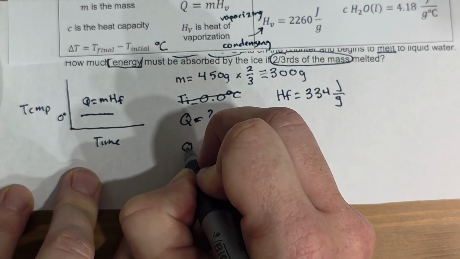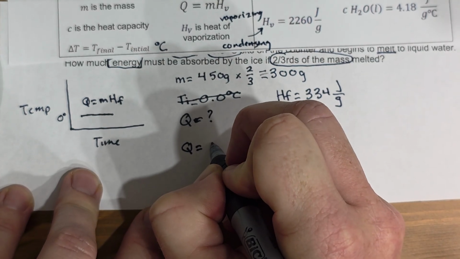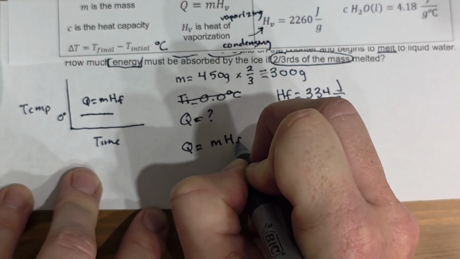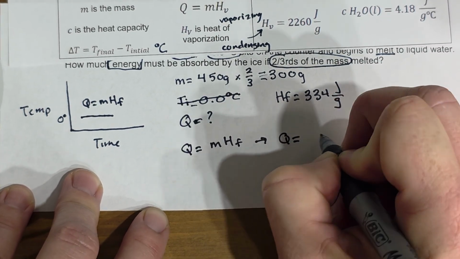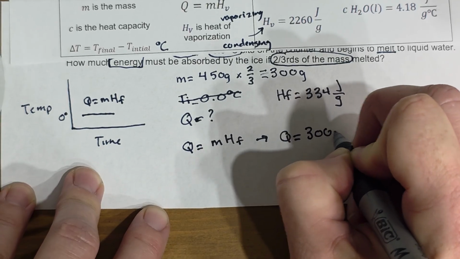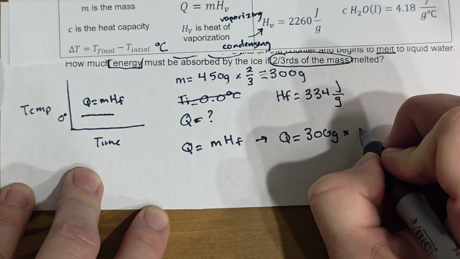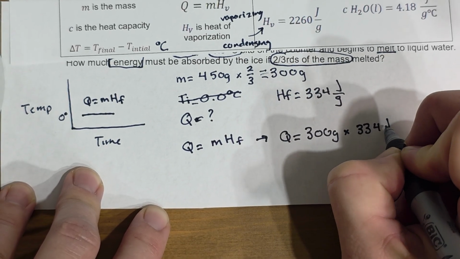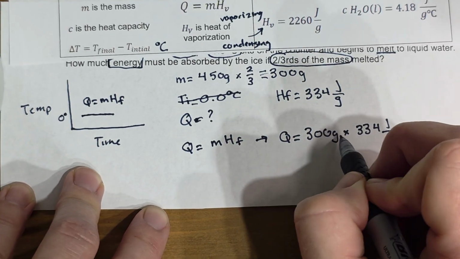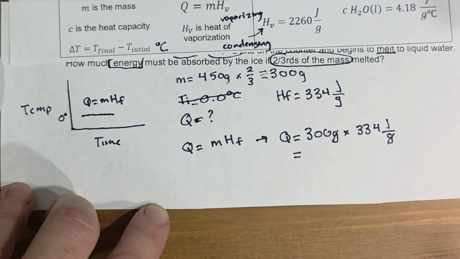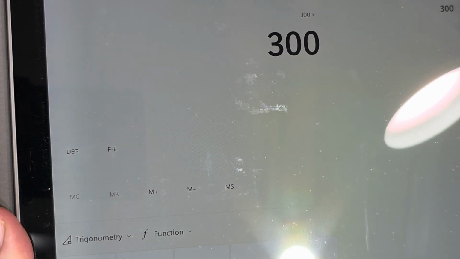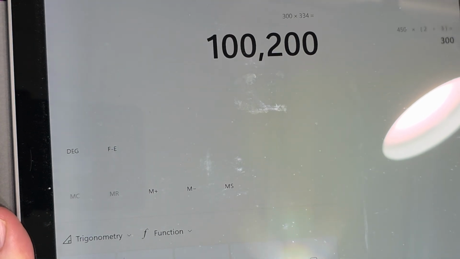So I get Q is equal to mass times HF. So Q is going to be equal to 300 grams times 334 joules for every gram. My grams cancel out, and I'm going to put this into my calculator. Here's my 300 times 334.